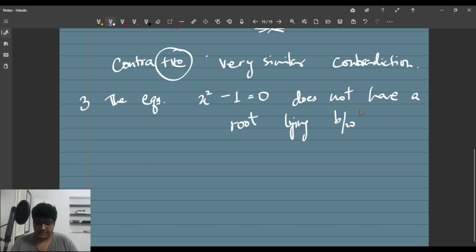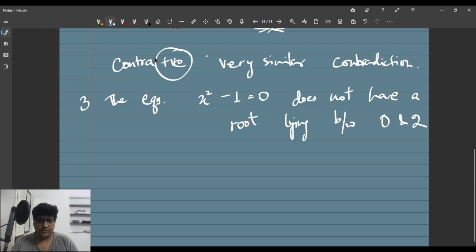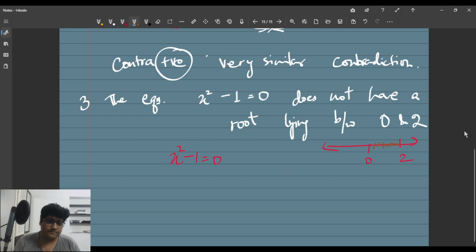This is the shorthand we are writing. So this equation x square minus 1 equal to 0 does not have a root lying in between 0 and 2. So 0 and 2 on a number line. The statement says that there is no root in this region.